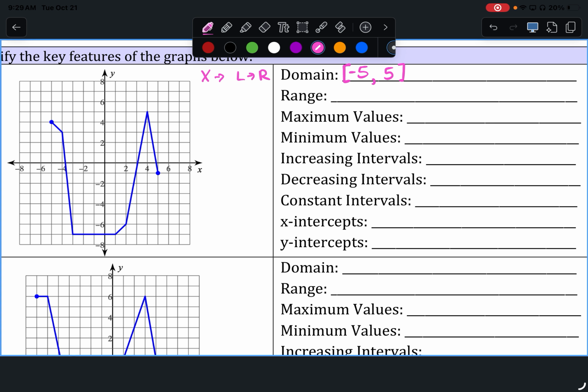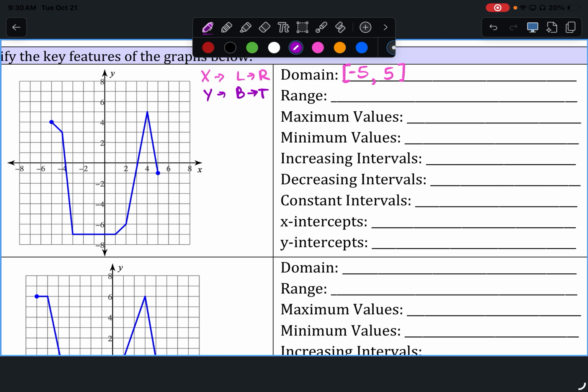Now, range, that is our Y values. And we are looking bottom to top. So you only list them out when you have a bunch of points, when you have a list of points. If it is a line, you use an interval.